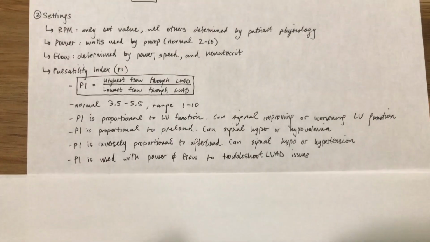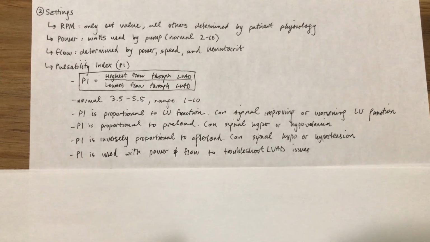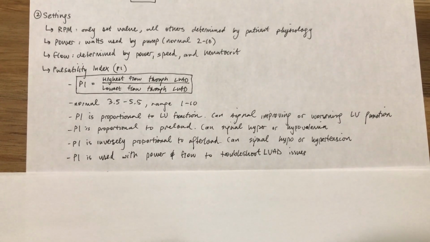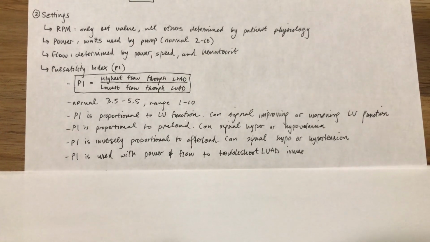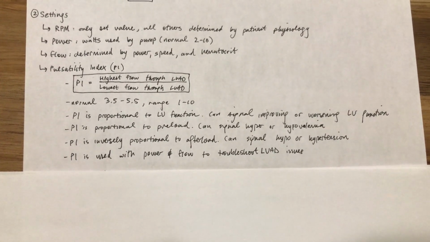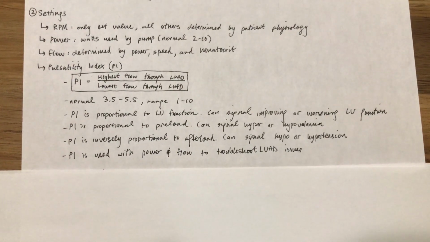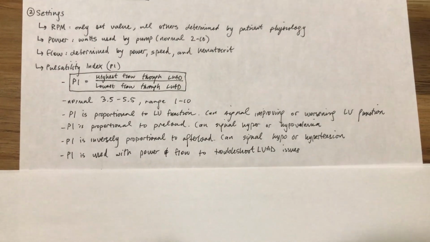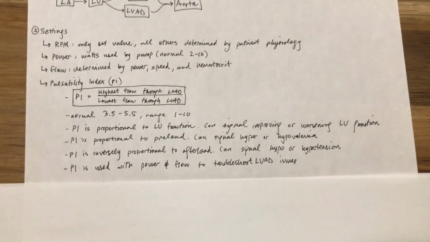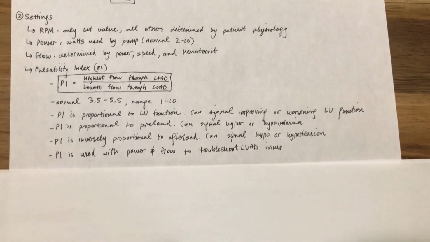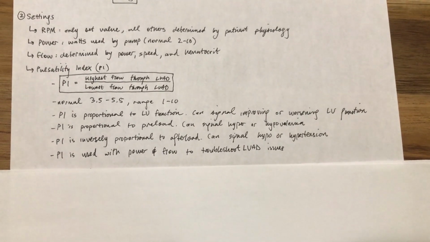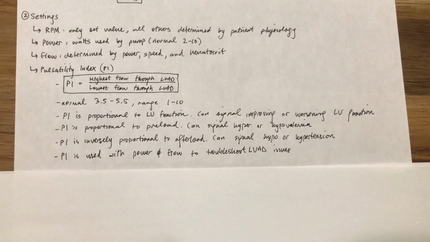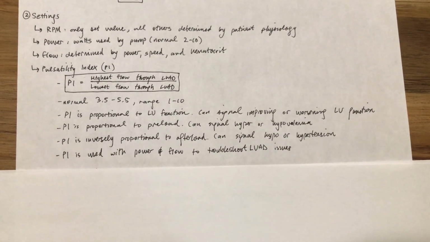PI can be the most useful or the most misleading value. Most of the time, RPM, power, and flow are going to give you the best primary and secondary indicators of what's going on. PI can only give you additional info after you've seen the patient, got labs, imaging, and finally, after you have everything, PI can point you in one direction or the other, but it shouldn't be used as a primary way to know what's going on.